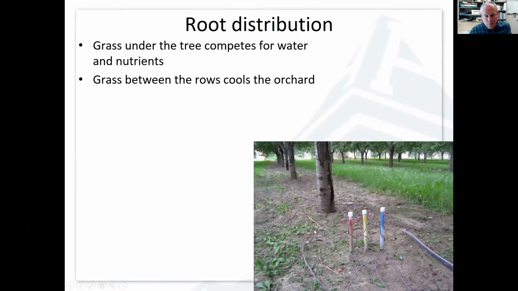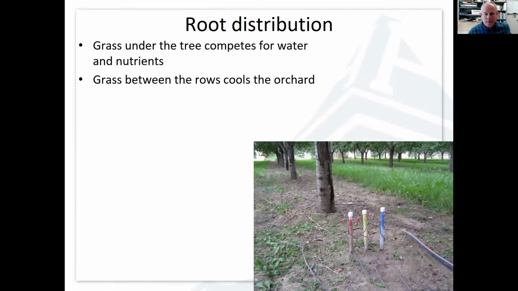And we've done some studies where we've excavated and looked at where the roots are distributed in an orchard. And interestingly enough, even for these large trees, most of the roots are within that strip. There's not a lot of roots that go out underneath the grass, even though there's ample water out there, because the grass is competing, and most of the roots are staying in that area.